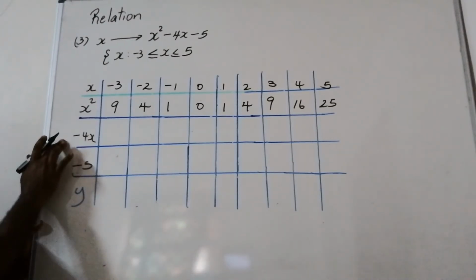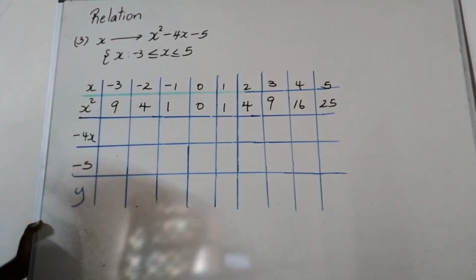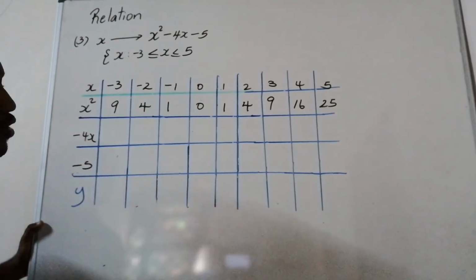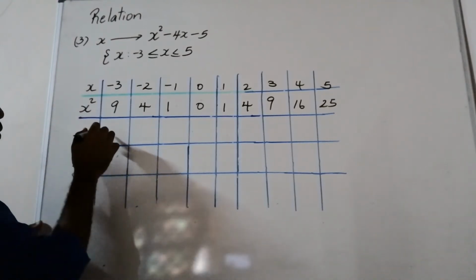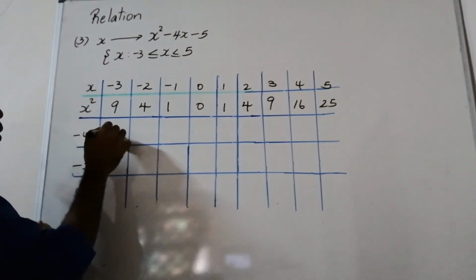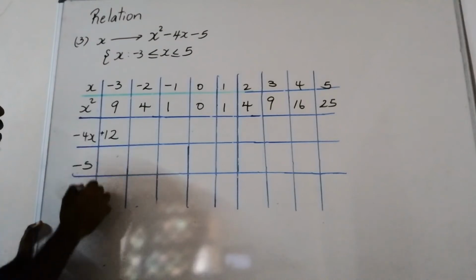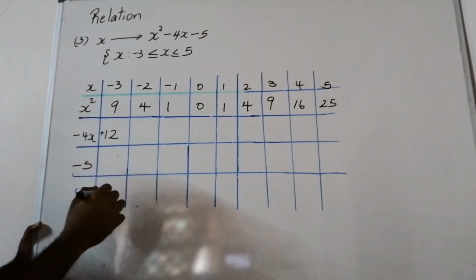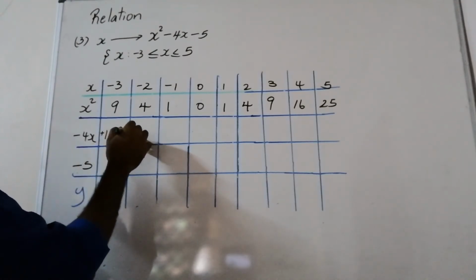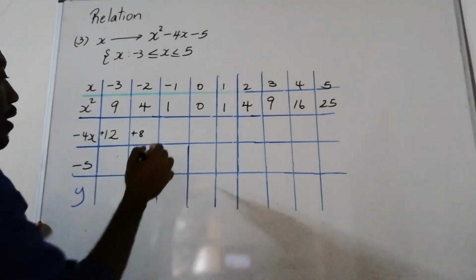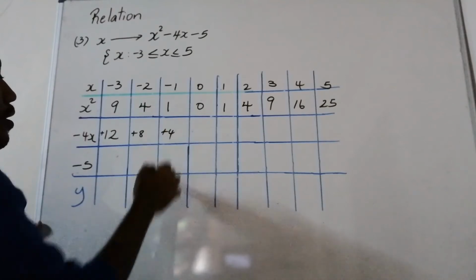Now, the next thing we'll do is multiply all the x values by negative 4. So negative 3 times negative 4 will give us positive 12. Negative 2 times negative 4, positive 8. Then we'll have positive 4.